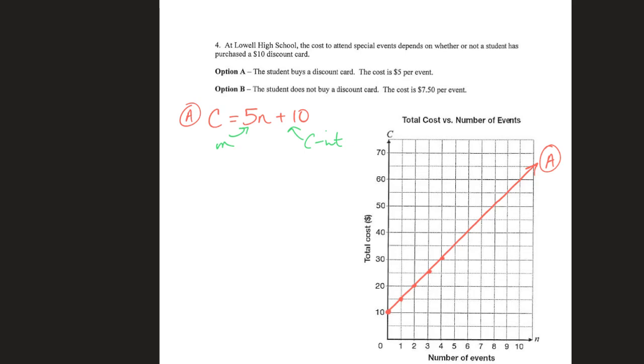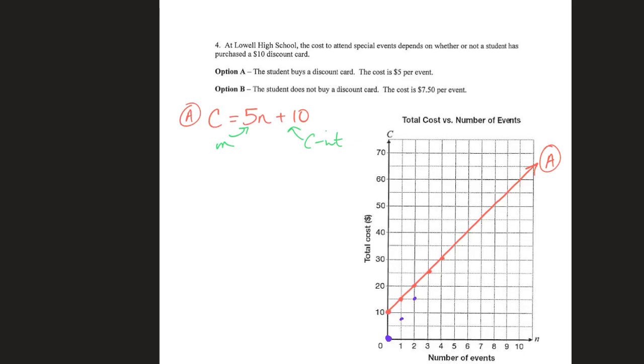Okay, now we take a look at option B. Option B says there's no fixed cost, but I'm going to pay $7.50 for everyone, which means that one event's going to put me right in the middle there. 2 events is going to be an even 15, and so on and so on.